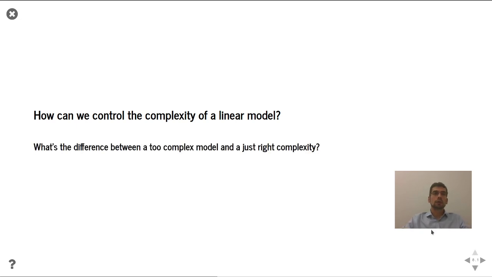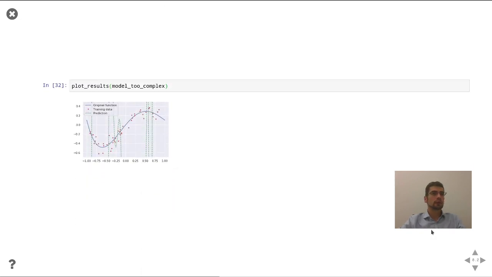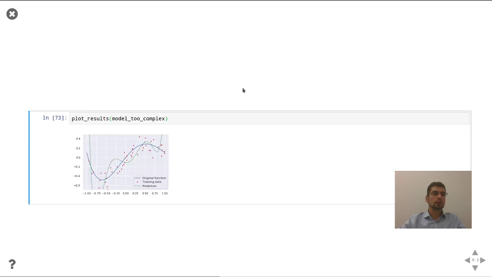Let's start with a simple exercise. So now we have two models. Just to remind you, the first one was fitted with the training sample of 10 points, and the second one had the training sample consisting of 50 points. And they look like this curve.